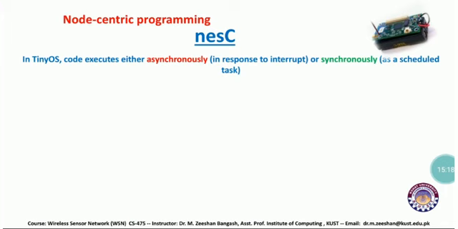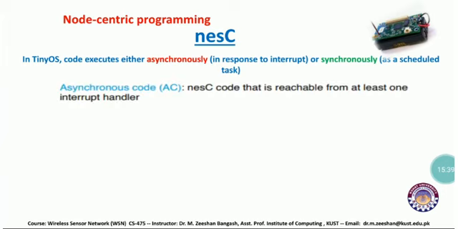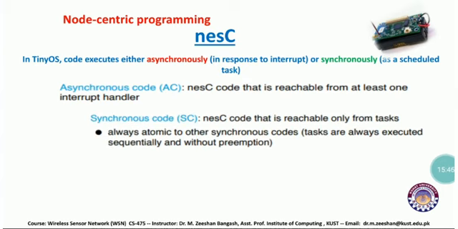In TinyOS, code executes either asynchronously, that is in response to an interrupt, or synchronously as a scheduled task. So the race condition can occur when concurrent updates to shared states are performed. In NesC, code that is reachable from at least one interrupt handler is called asynchronous code, and code that is only reachable from tasks is called synchronous code.